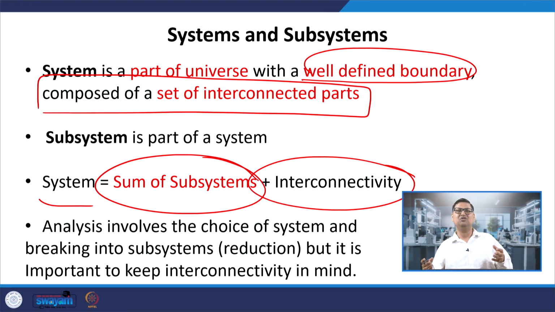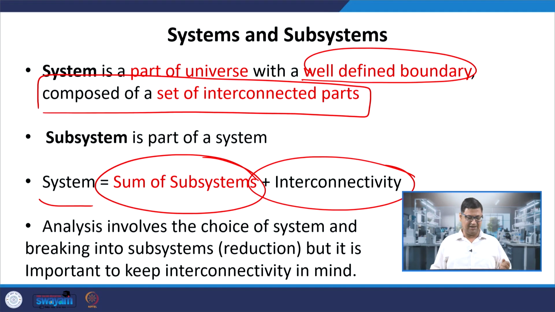We have to see how to put them together, right. Then only we make a car. So, a car is of course composed of the wheels and the seats and the engine, but what is also important is how they are connected together, right. So, this exercise of dividing a system into subsystems and figuring out how they are interconnected is what I mean by analysis in this particular course.